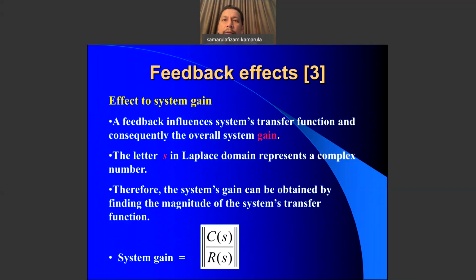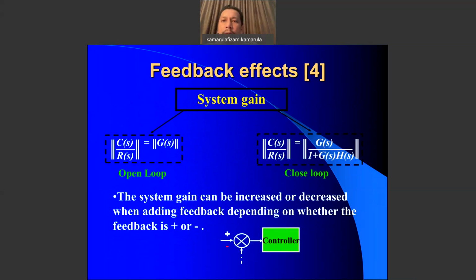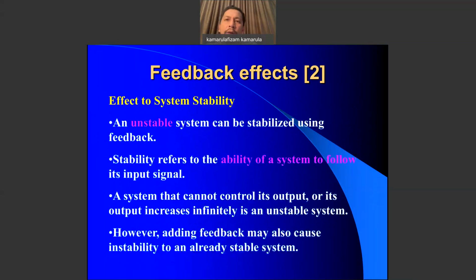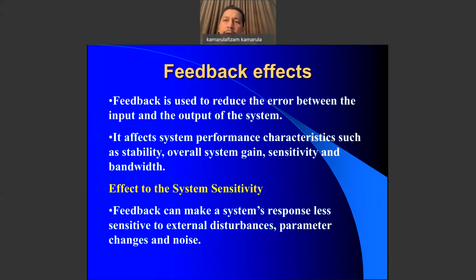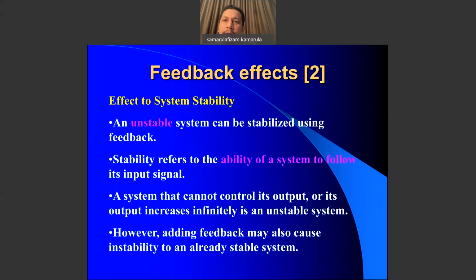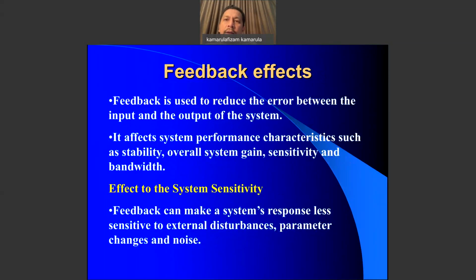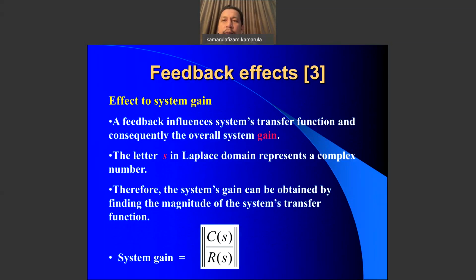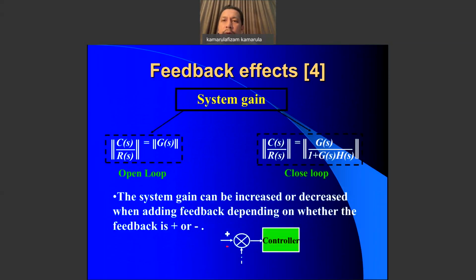All right. Of course, when you have a feedback system in the closed loop block diagrams, you can adjust the system stability, you can adjust the system sensitivity, and of course, you can adjust the system gain. All right, you can read on to the detail.